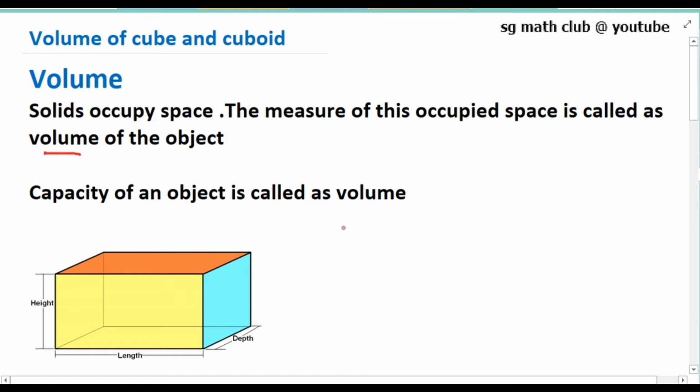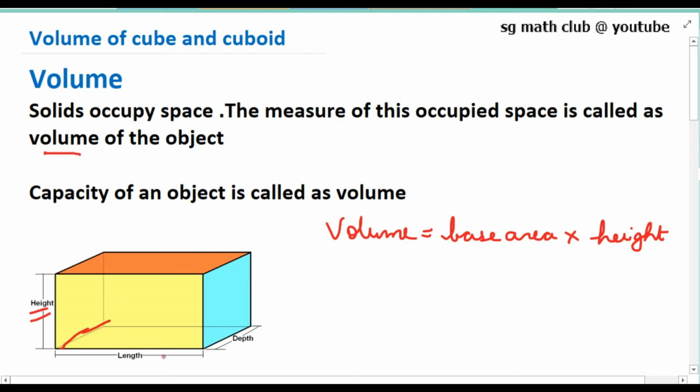Now the volume of this cuboid is nothing but the measure of the space occupied by this cuboid. That is the area of the plane region occupied by each rectangle into the height will give you volume of cuboid. Or volume of the cuboid I can write as base area into height, and we know the base is rectangle in shape.